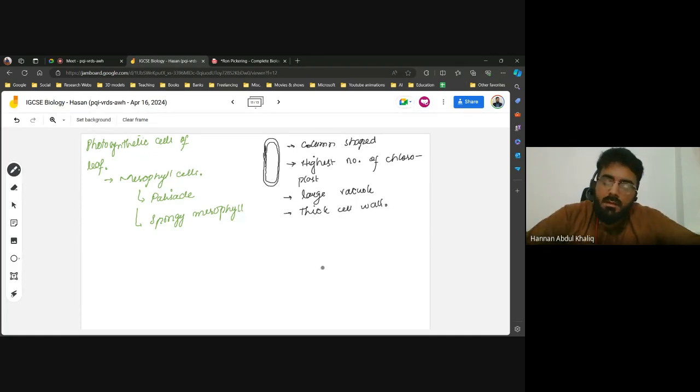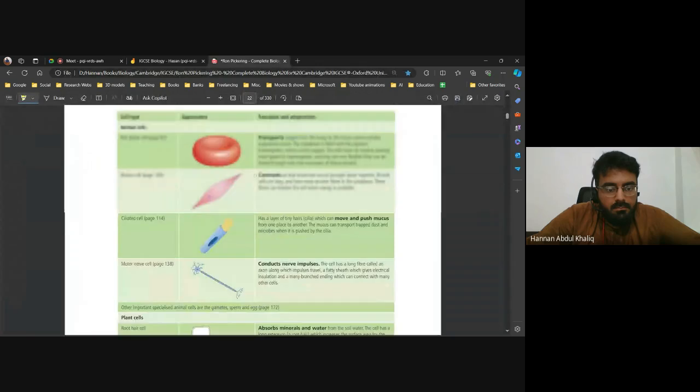So these are different features of palisade mesophyll, and they appear and work differently from other cells because they are differentiated differently from other cells. So that is what the palisade mesophyll cell would look like. Got it? Yes.